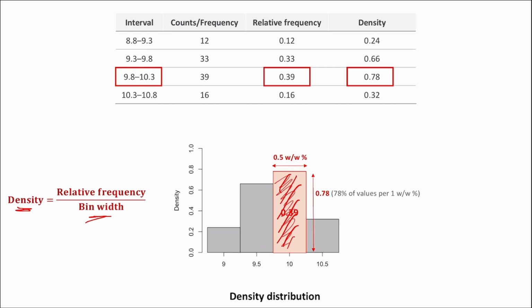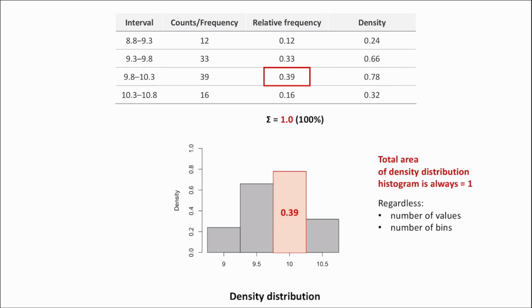So the relative frequency is the area of every bin. If we compute the area of every bin and take a sum, we will get 1, because if you compute the relative frequency for every bin and take a sum, you will get 1. It means 100% of the values, all values, right?